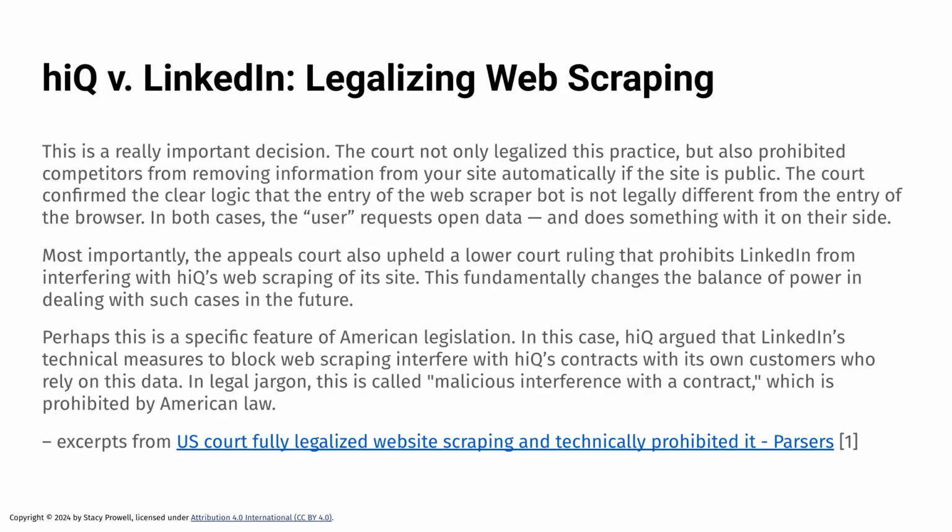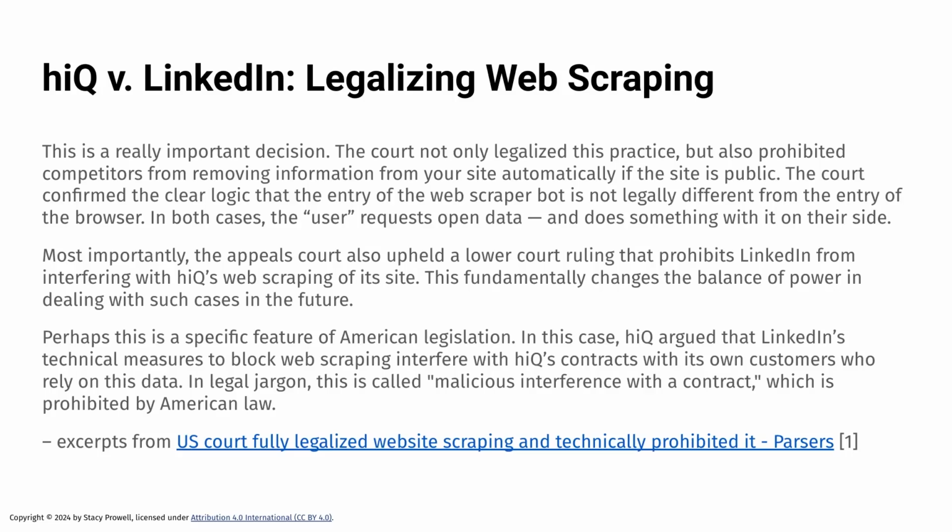The court basically legalized en masse web scraping, but it prohibited competitors from removing information from your site automatically if the site's public. Okay, what does all this mean? The court confirmed that a web scraper bot is just like a person running a web browser.